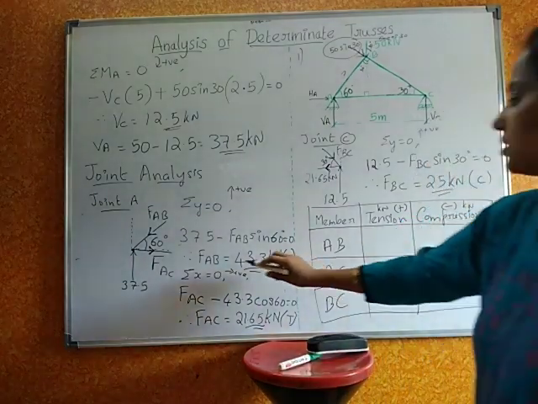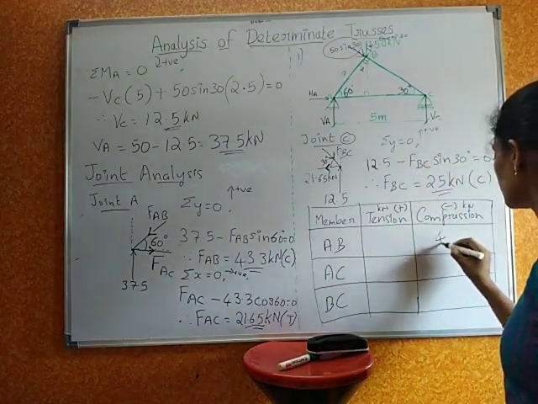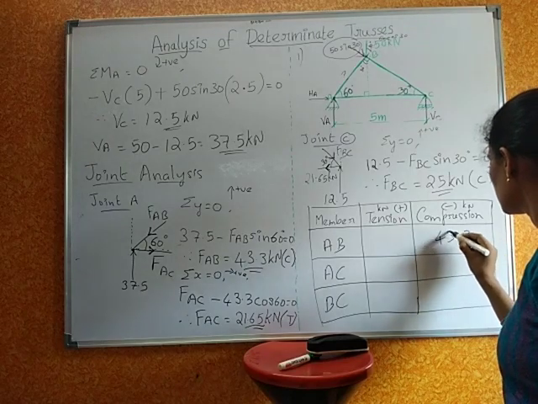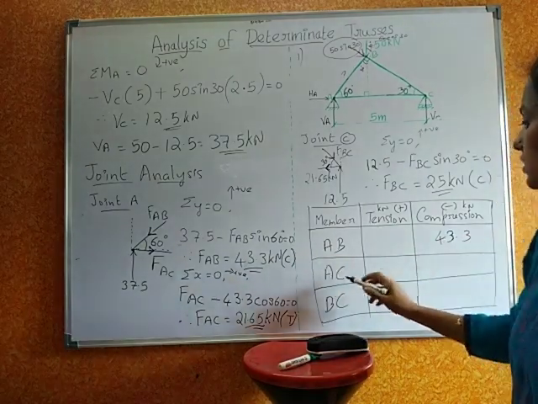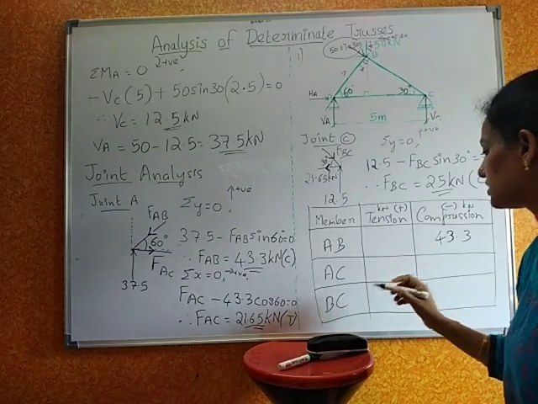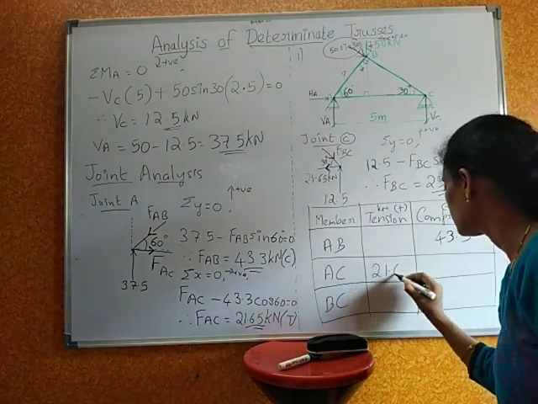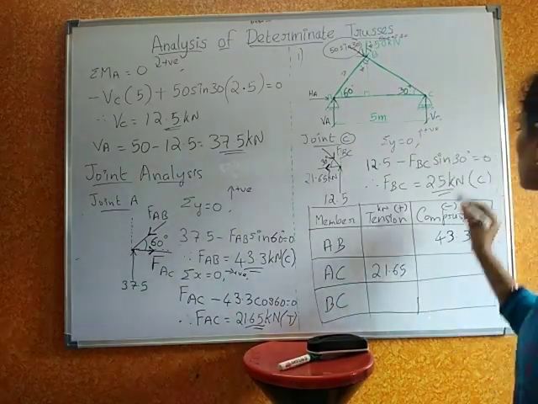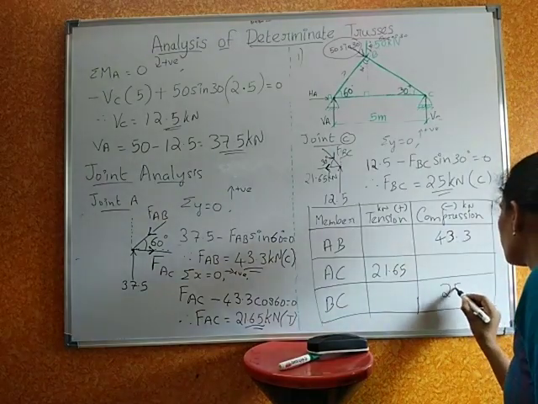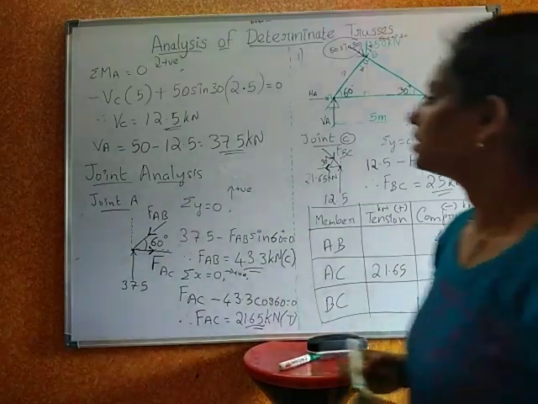AB is compression, so write it under compression, that is 43.3. Next, AC is 21.65 tension. BC is in compression, that is 25. That's all. Thank you.